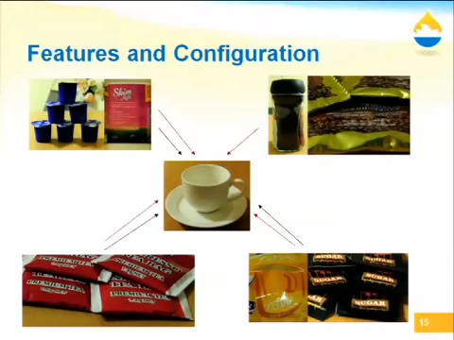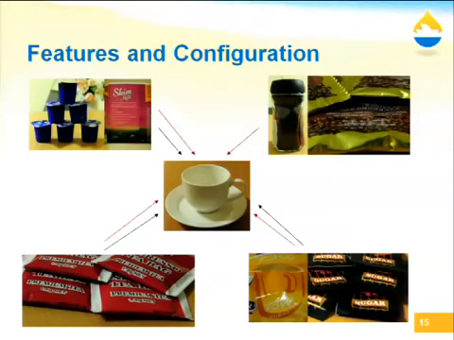And then, what is the configuration? The configuration is the ingredients, I mean, what type of ingredients it is. So, for instance, the other cafe has one type of milk, and my cafe has another milk. So that's why there are two types of milk and two types of sugar there.